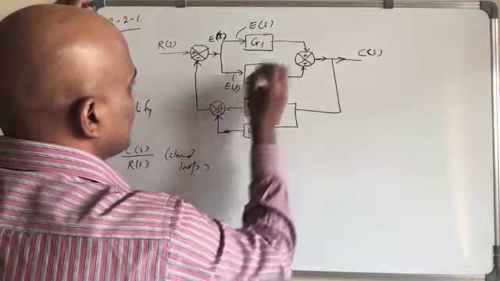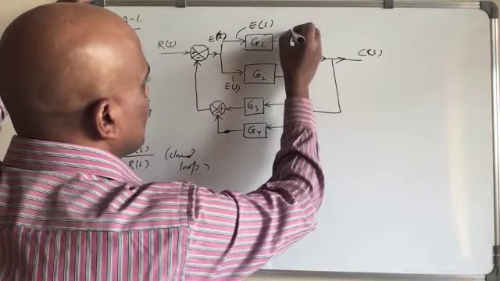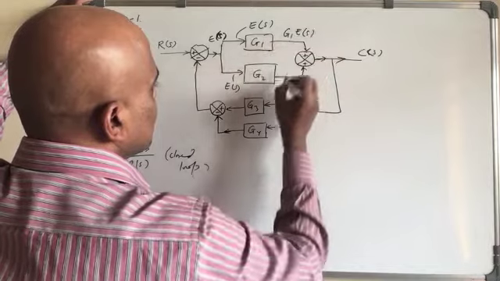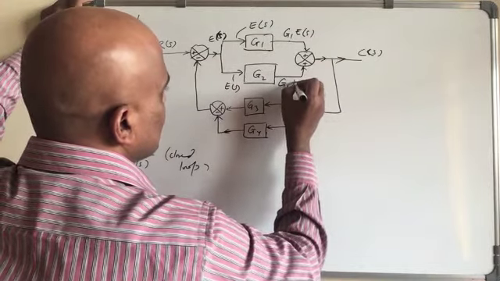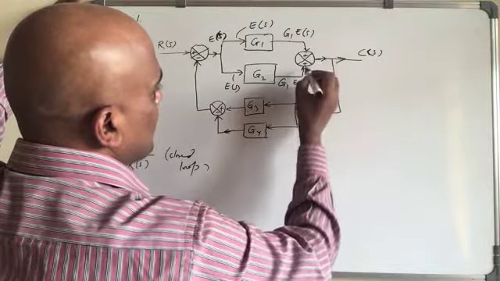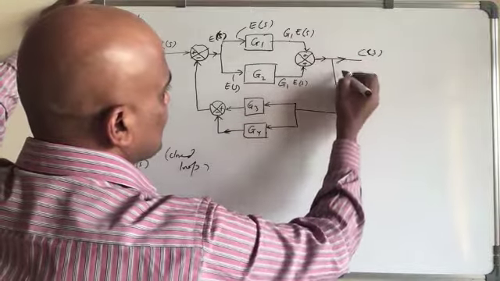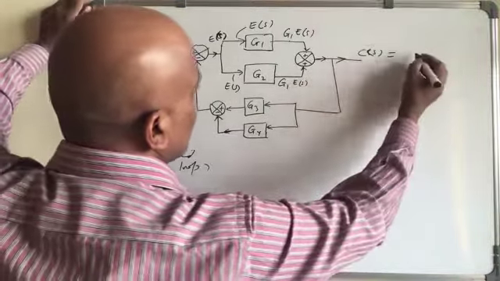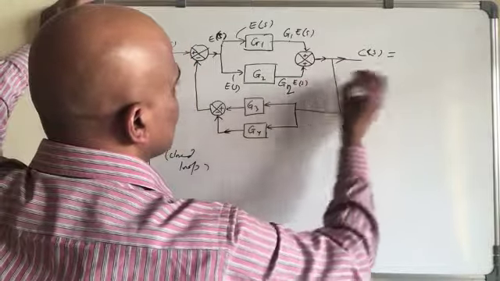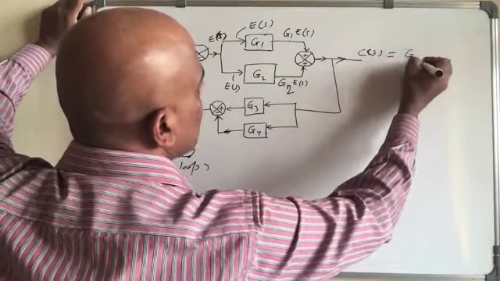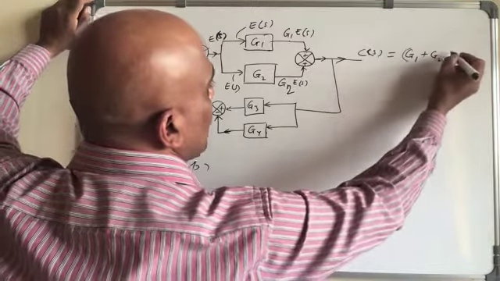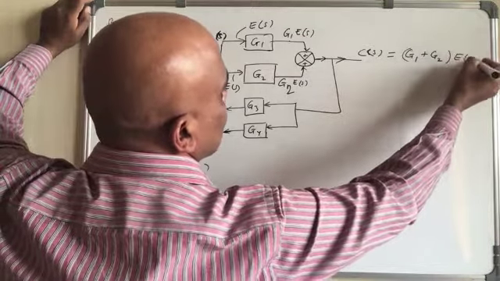And here you have G1 times E(s), and you have added here. So this becomes C(s) equal to, this is G2, right? So it will be (G1 plus G2) times E(s).